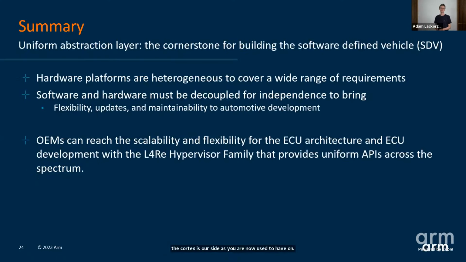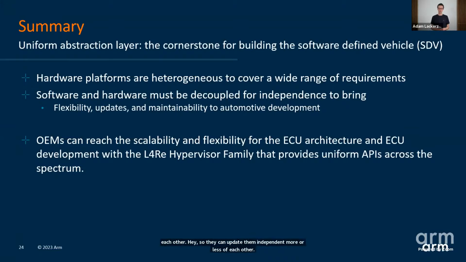To summarize, L4Re provides this uniform abstraction layer to build software-defined vehicles in the future, to have the hardware and the software decoupled from each other, so that you can update them more or less independently of each other.